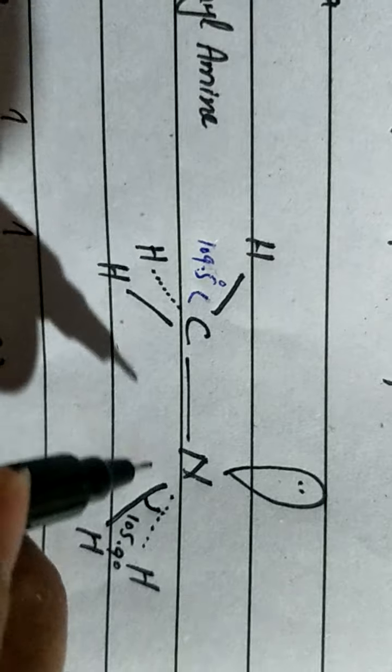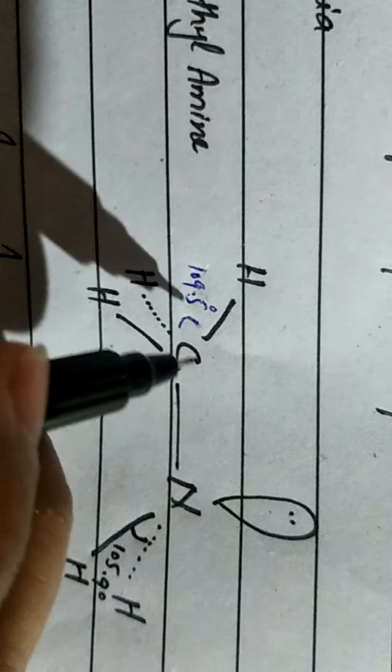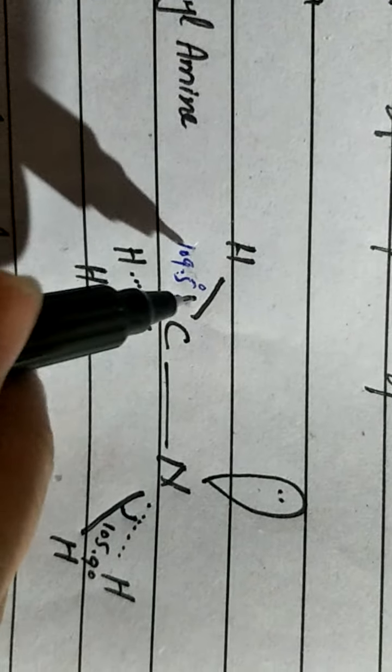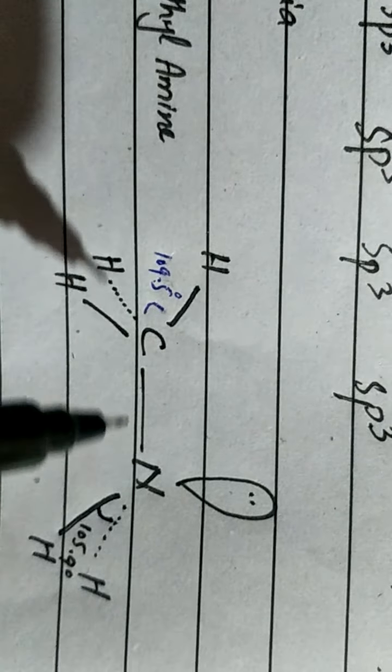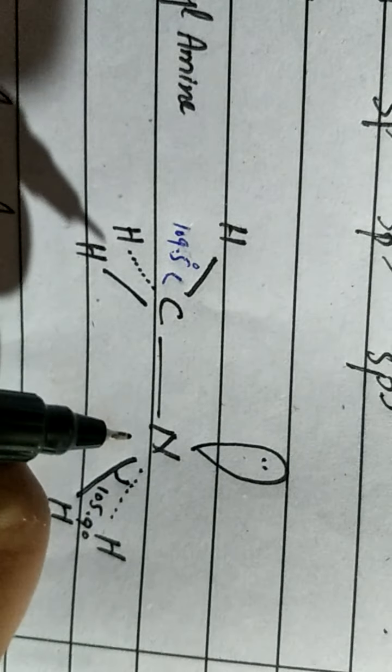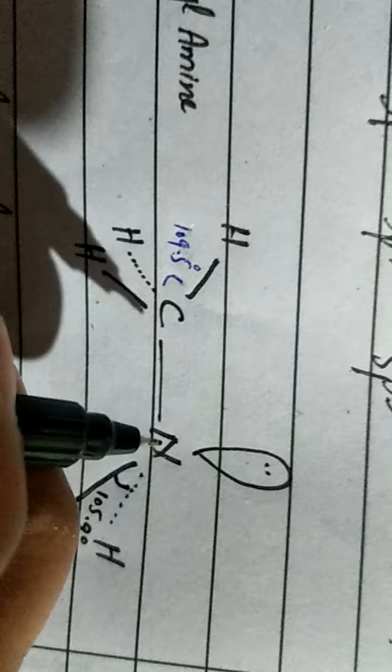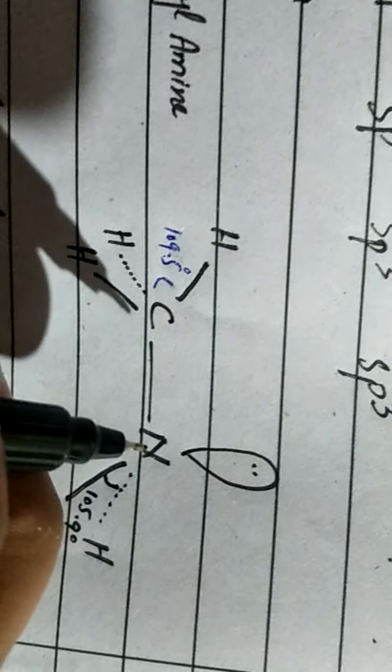This nitrogen is arranged in 4 different directions in a tetrahedral arrangement, and carbon is also attached with 4 bonds. This also shows sp3 hybridization. In this example, both nitrogen and carbon show sp3 hybridization, sp3 hybrid orbitals of carbon and sp3 hybrid orbital of nitrogen.